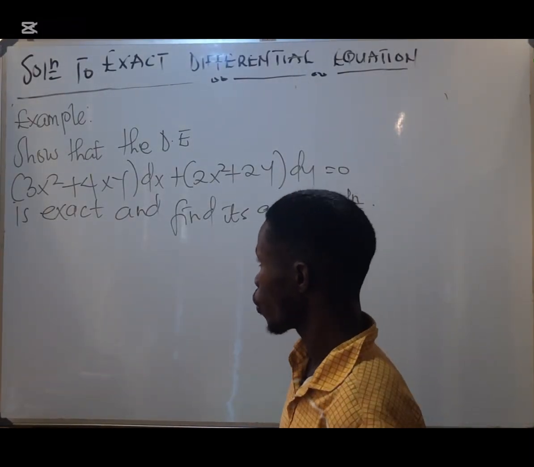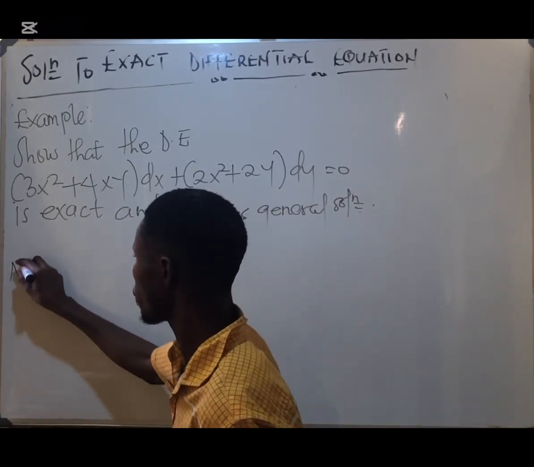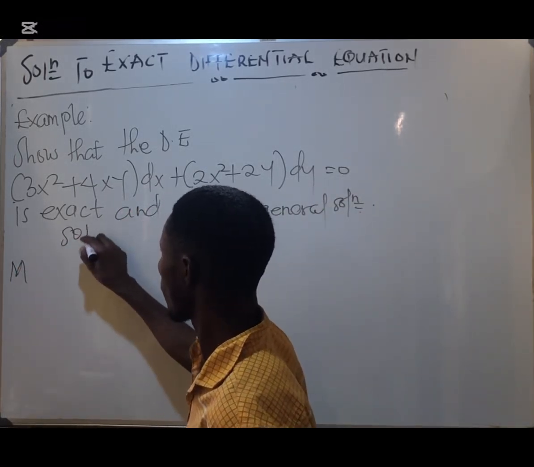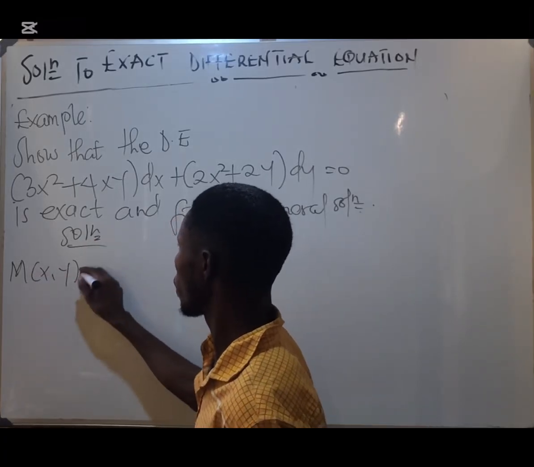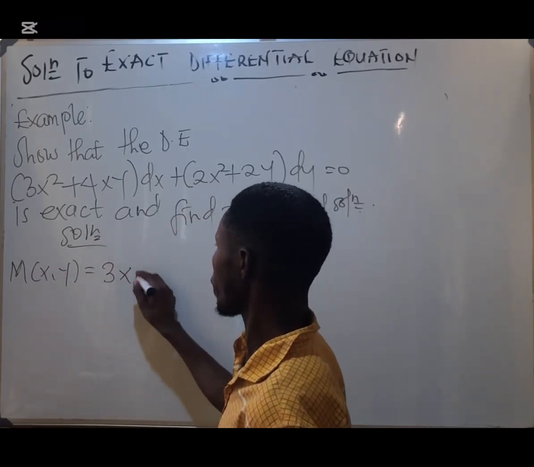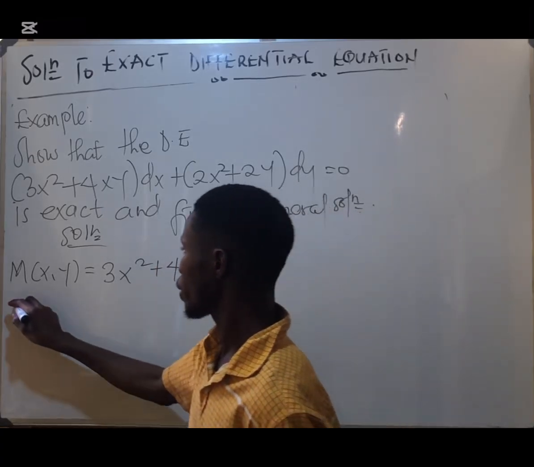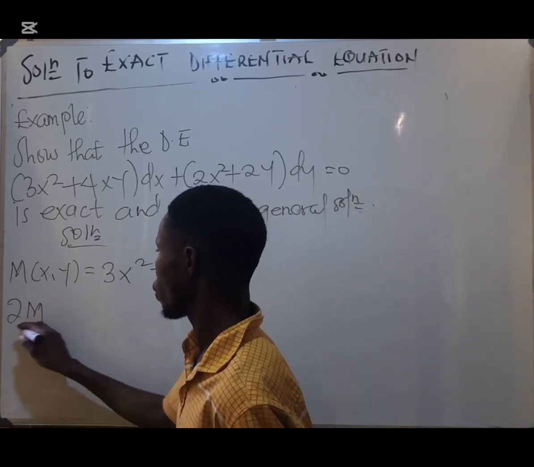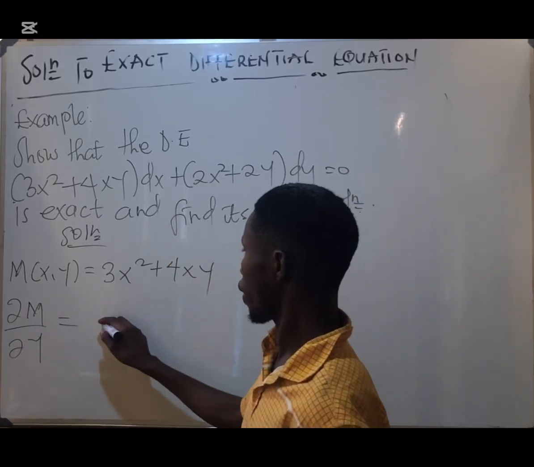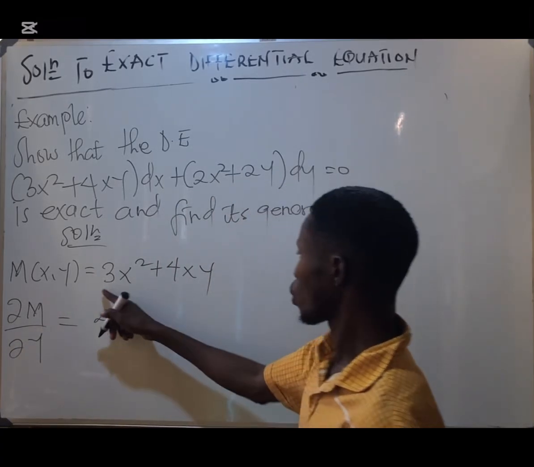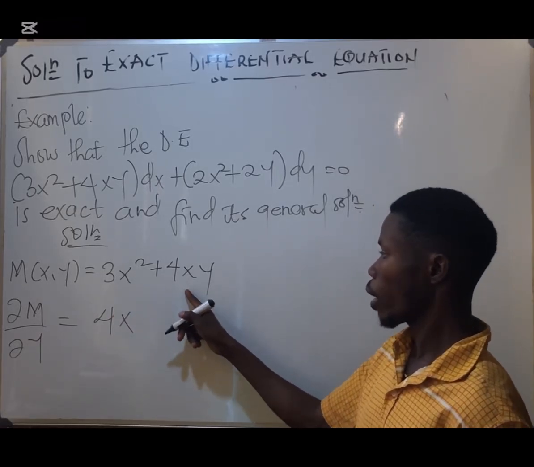So we already know that the one attached to the dx is M. M in terms of x and y gives us 3x squared plus 4xy. I will take the partial derivative with respect to y, and that will give us 4x, because all of these become constants. If I differentiate y, that will give me 1, so we have 4x.